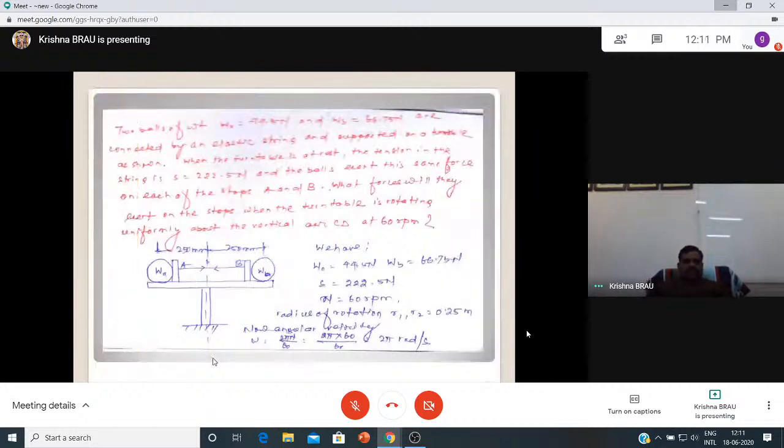Now consider a small example. Note down, this is the rotation problem, one important problem.